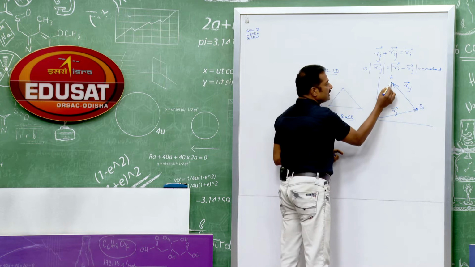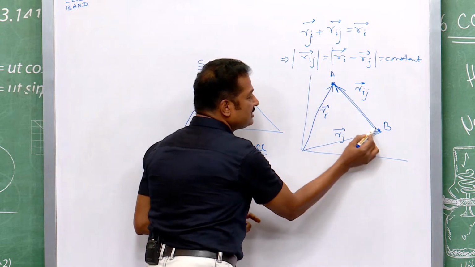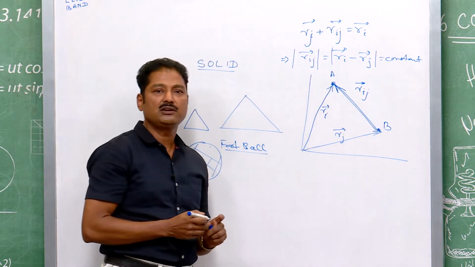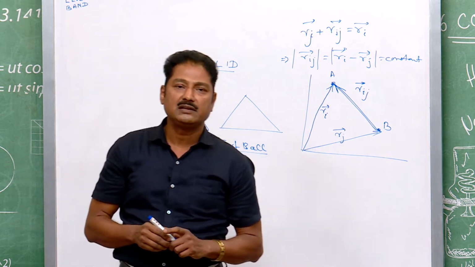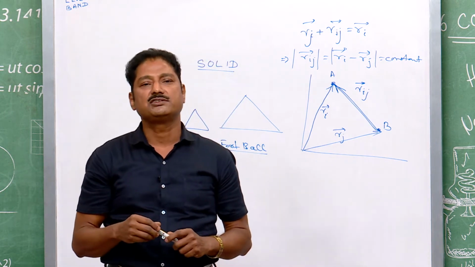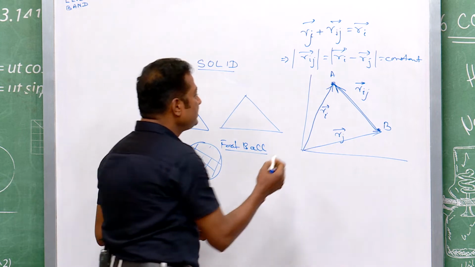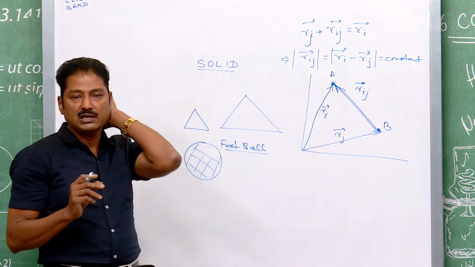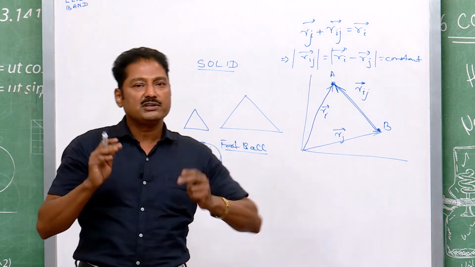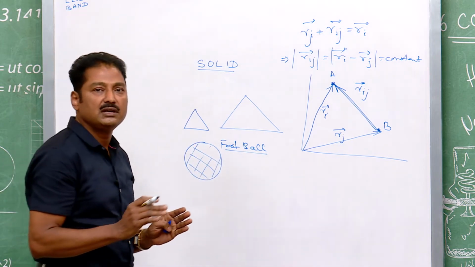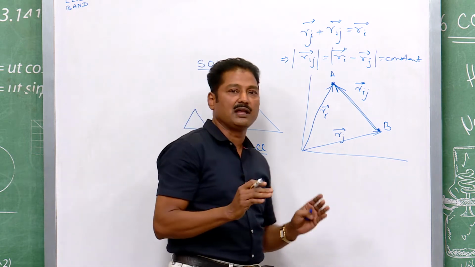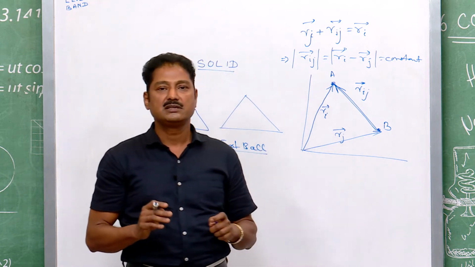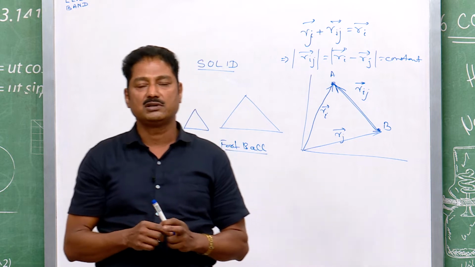When it is a solid, the distance is smaller in comparison to the liquid matter or the gaseous matter. So, the distance between A and B is smaller in comparison to liquid and gas, and because the distance is small, the force between A and B is large. So, this is in short what a solid is.